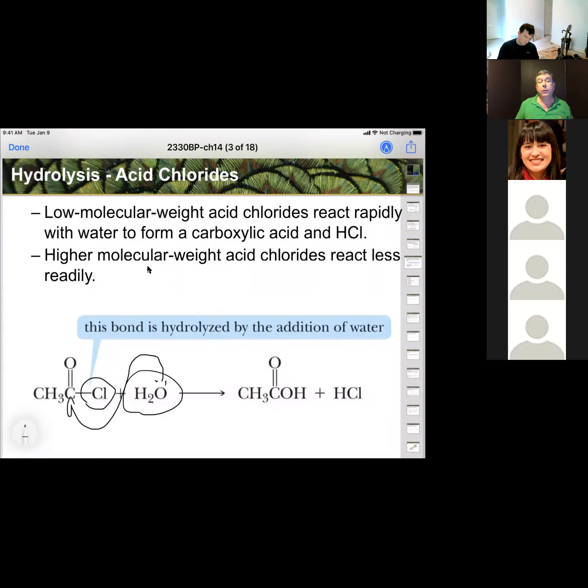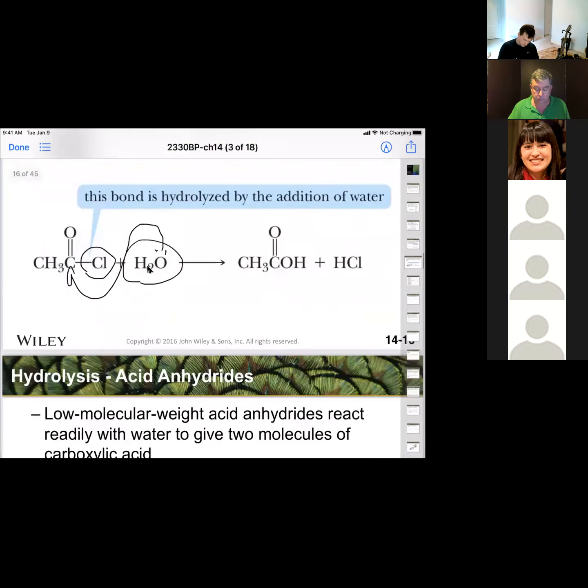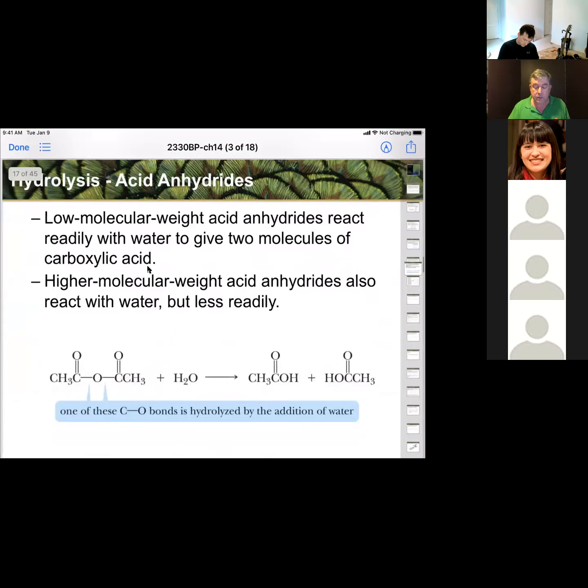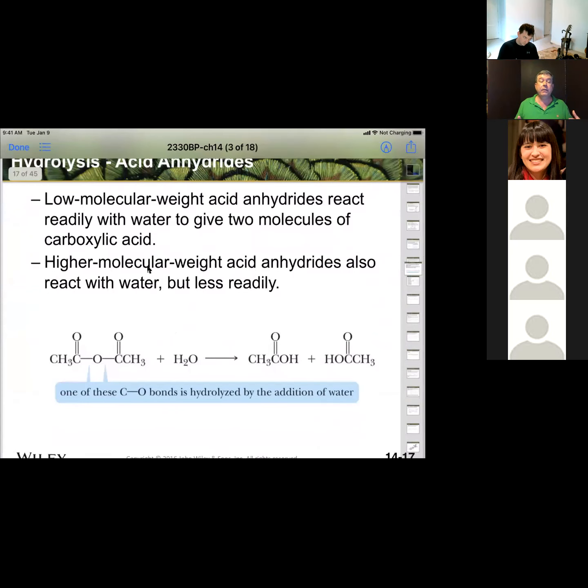Okay, so the smaller the molecular weight, the more rapidly they react because they are more likely to be soluble in water. As they get bigger and bigger, they're going to be less and less soluble in water, and they react more slowly. Okay. So likewise, the anhydride is just two carboxylic acids we removed water from. So the reverse reaction also goes through.